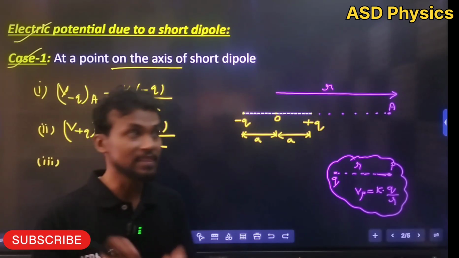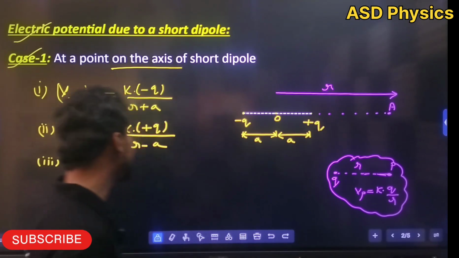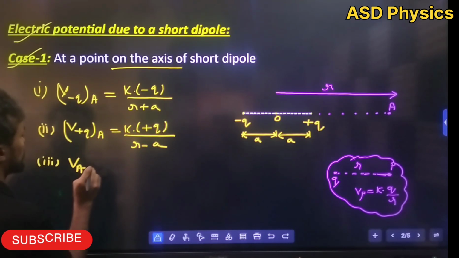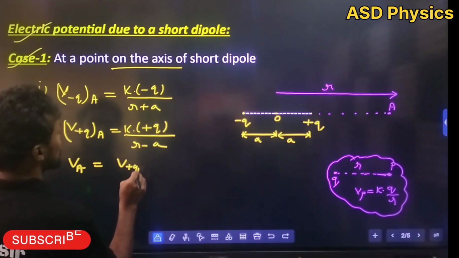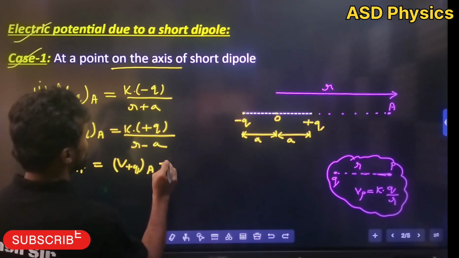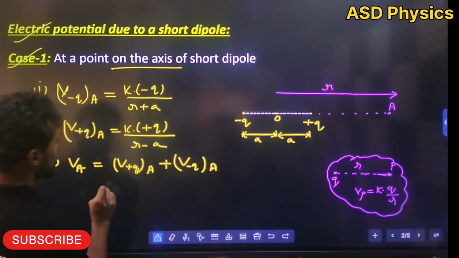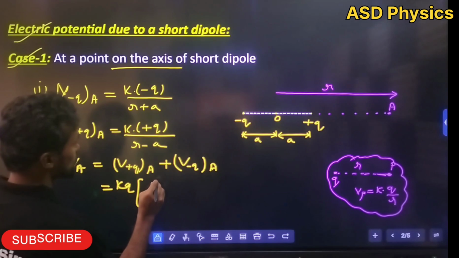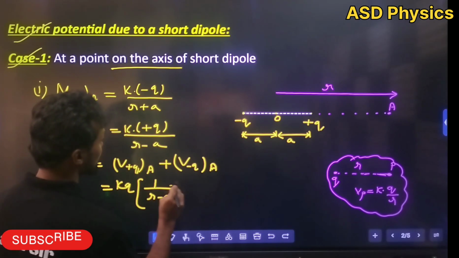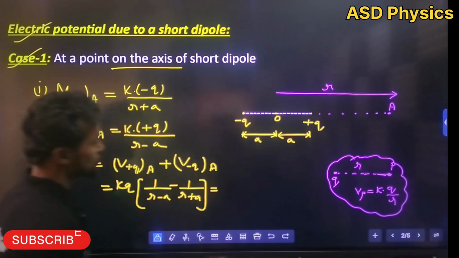Now the overall potential we will write like this. The electric potential at point A due to the electric dipole is given by adding them: the potential due to plus Q charge plus the potential due to minus Q charge at point A. So just write down here: this is KQ, and due to plus Q charge, 1 by R minus A, and here 1 by R plus A. Now simplify this.